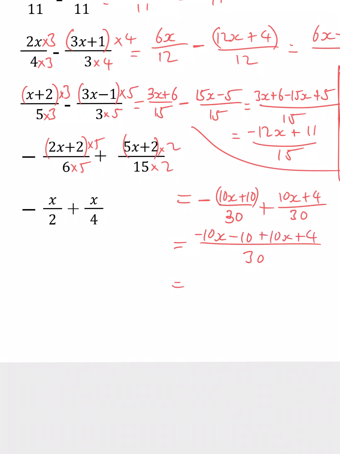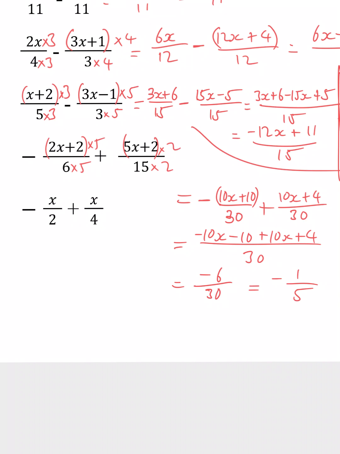So the x's there actually cancel out. Minus 10x plus 10x is gone. Minus 10 plus 4 gives me minus 6 over 30. Which we can simplify. Divide by 6 is minus 1 over 5. That's your answer. So the x's actually disappear in that one. They cancel out.